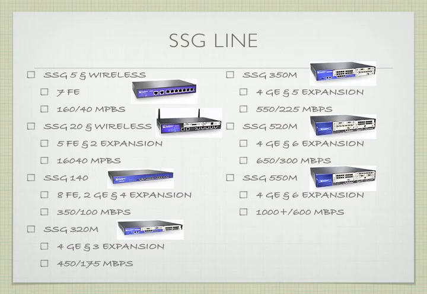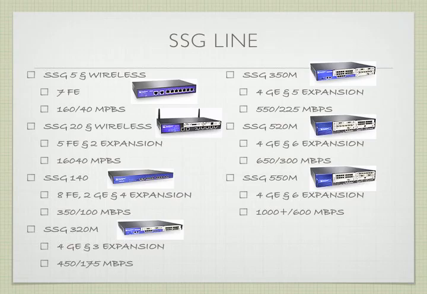So for example, the SSG 5 has 7 fast Ethernet, that's 100 megabit interfaces, and it can handle 160 megabit per second of traffic and 40 megabit per second of IPsec VPN traffic, with the overhead of encrypting and decrypting and all that goes with it.